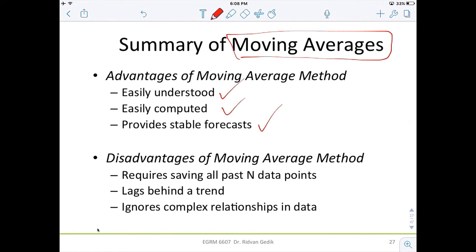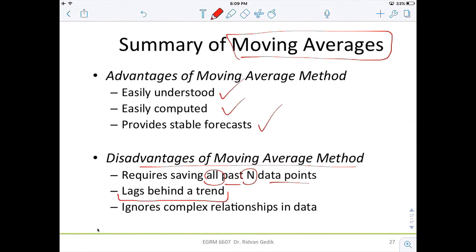There are also main 3 disadvantages. It requires saving all past data points. What do I mean by that? For example, if you rely on, let's say, the last 30 data points, you will have to keep your most current 30 data points all the time with you so that you can make a forecast, right? That might be considered as one disadvantage. We witnessed this.